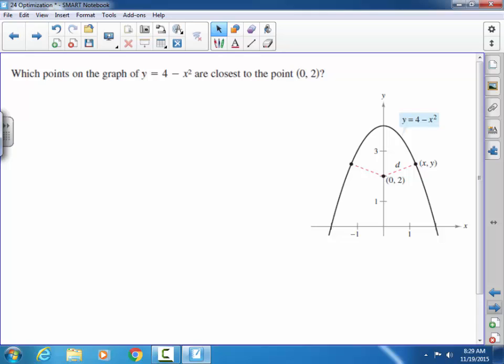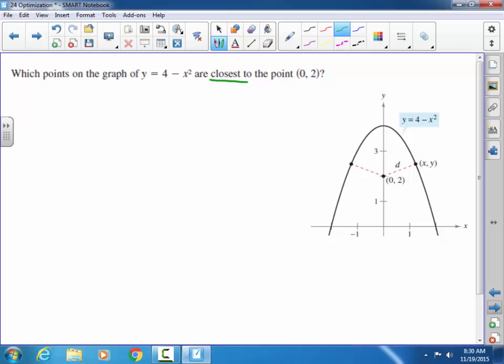All right. Now, this one's a little more mathy than what we would normally work with. Which points on the graph are closest to 0, 2? What does closest imply? Minimum, okay? What are we trying to minimize? The distance between those two.